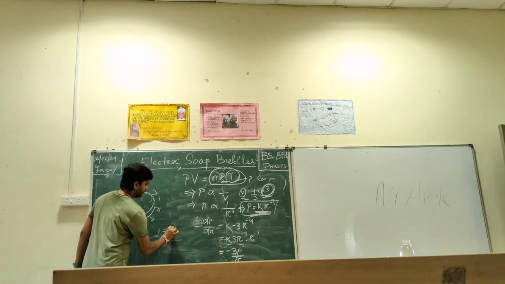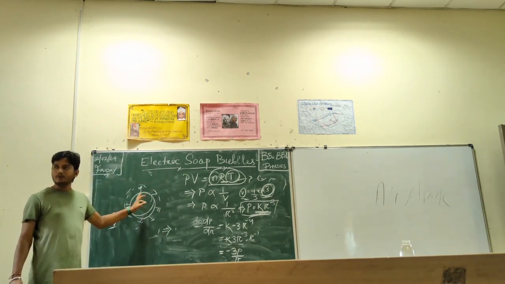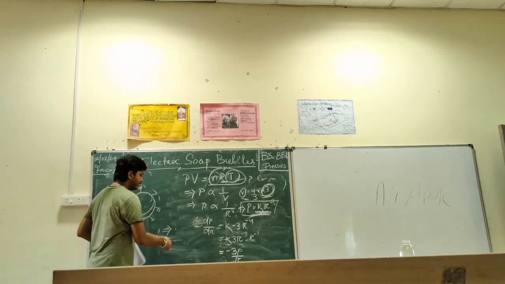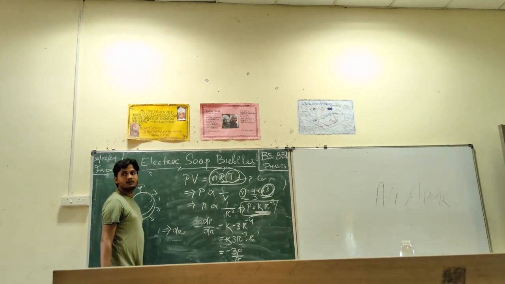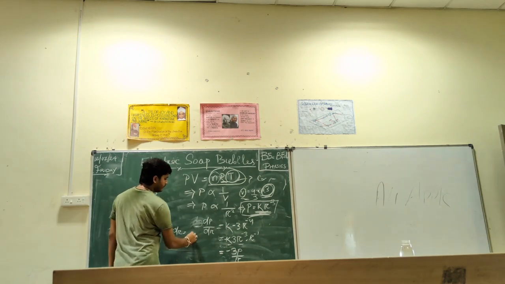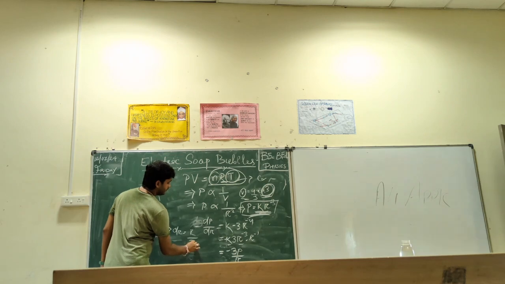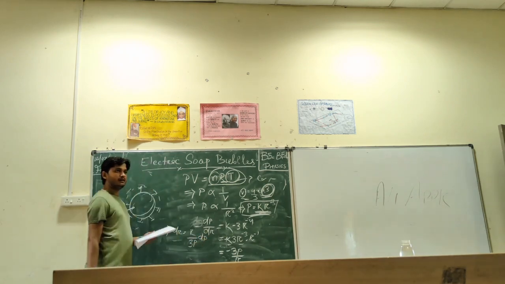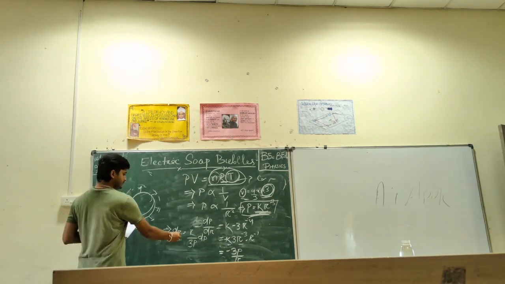Then we have to calculate what is the radius. We have to calculate the radius. So what is dr here? Write the dr. dr equal to minus r by 3P into dP.